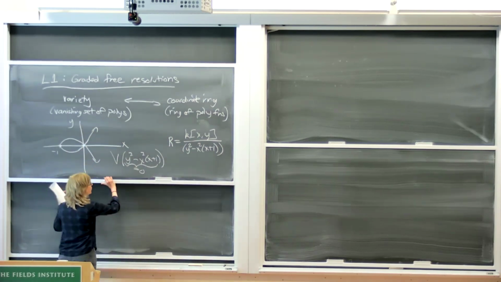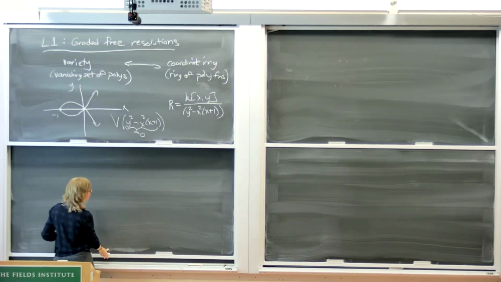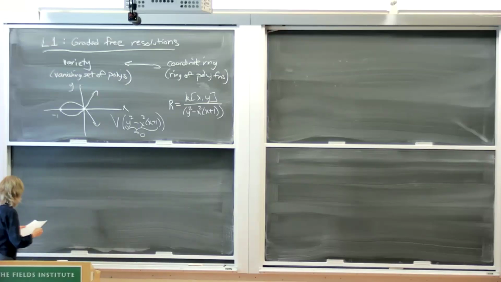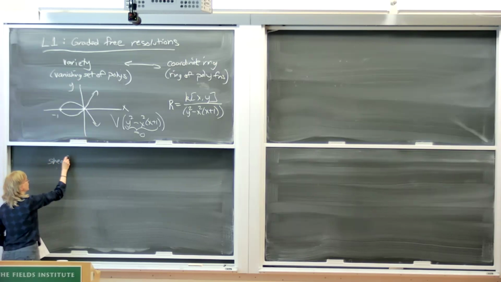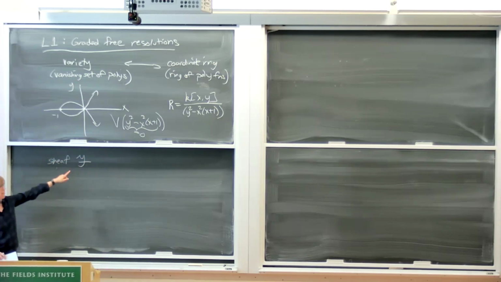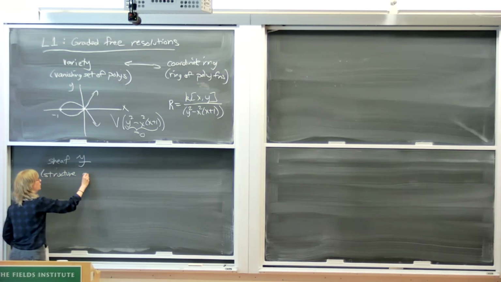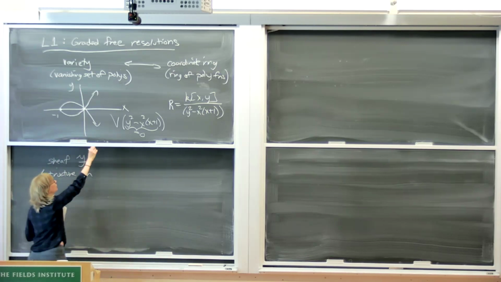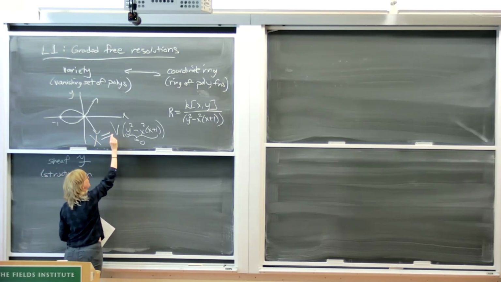To go a little further, this is kind of set up for my third lecture. You might also have something called a sheaf, a curly F. That's some kind of structure that you can build on that variety. I forgot to give the variety a name. I'm going to call it X, equal to this vanishing set.